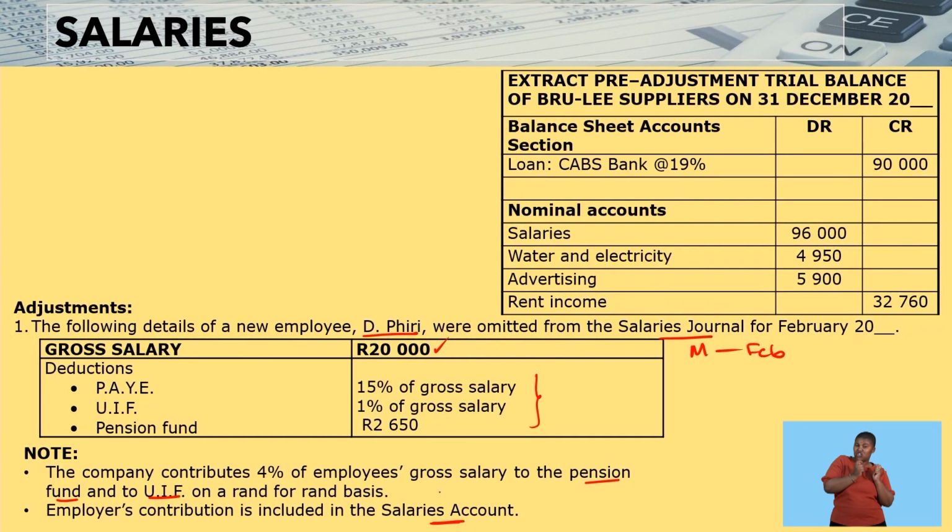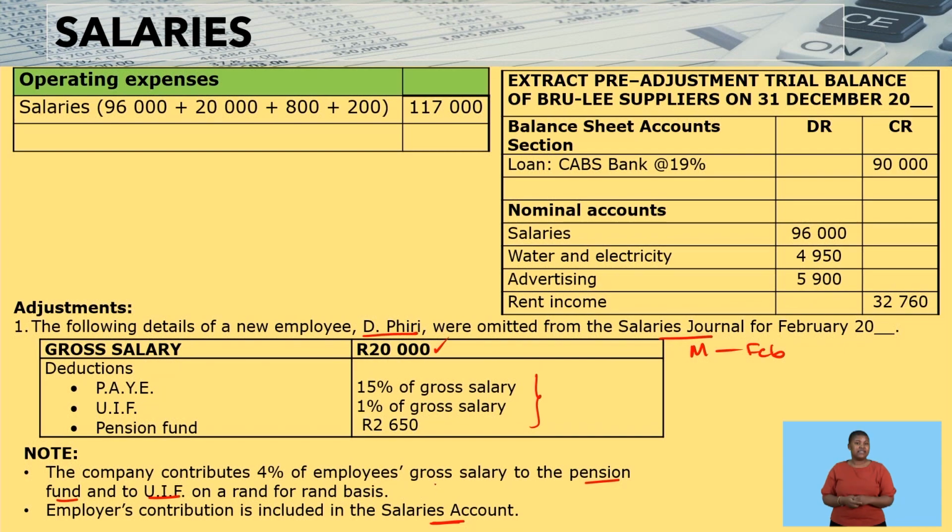So when we record this adjustment, we have to think in our minds, operating expenses. So I'm going to come under my operating expenses and I have my salaries here. I'll begin with the amount that is given in the nominal accounts of 96,000. That is what I begin with here. All right. So I take the amount from the nominal account section.